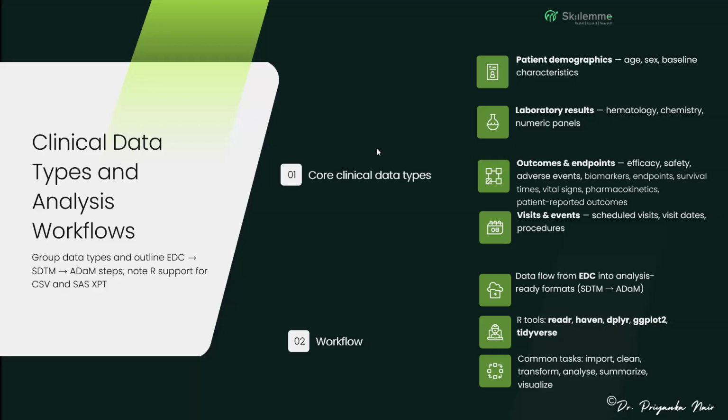So the first piece could be patient demographics. It could be age, sex, and baseline characteristics. This basically tells us who is in the trial and whether the groups are balanced. The next piece to think about is the laboratory results.